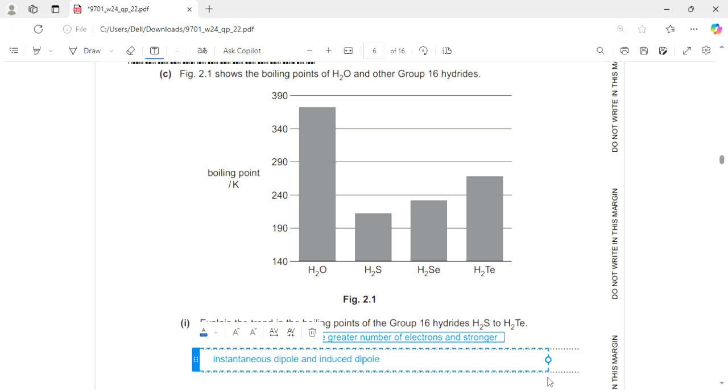All right, this is the reason, or you can say the strong van der Waals forces. Okay, this is the reason.